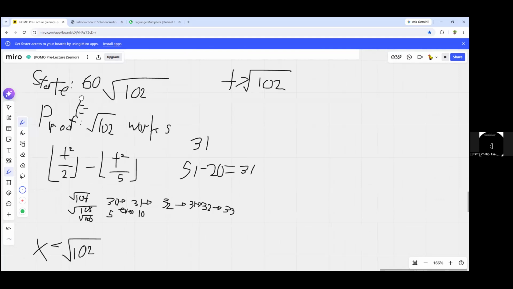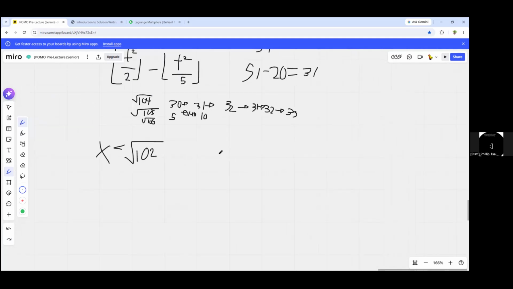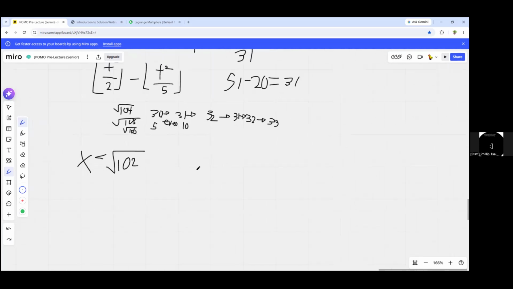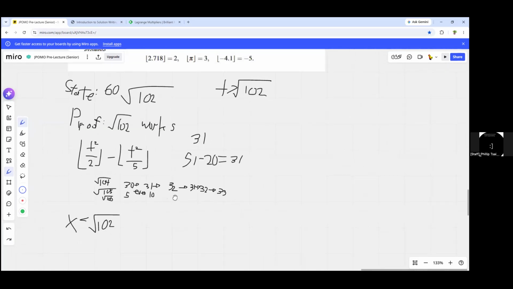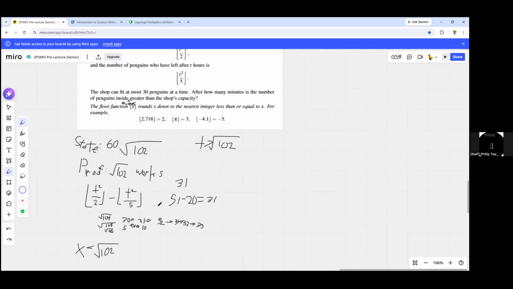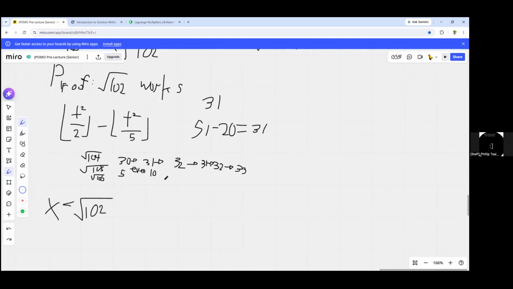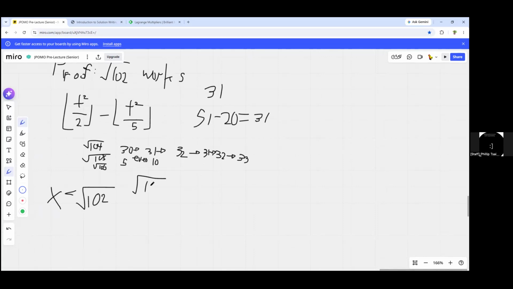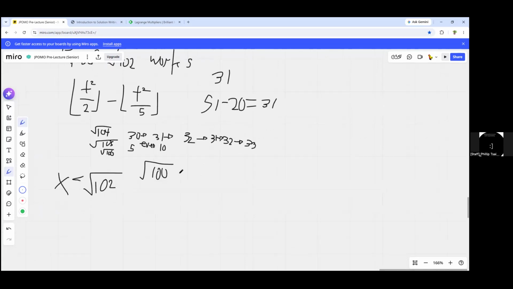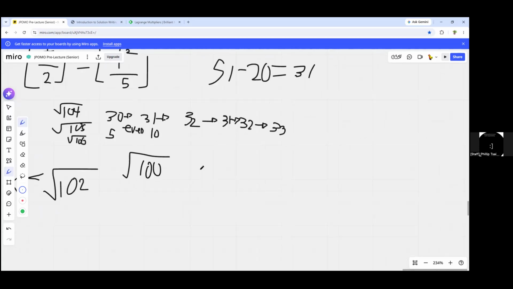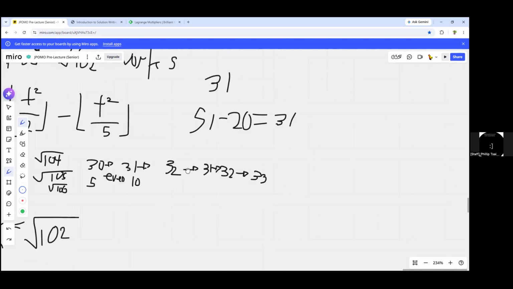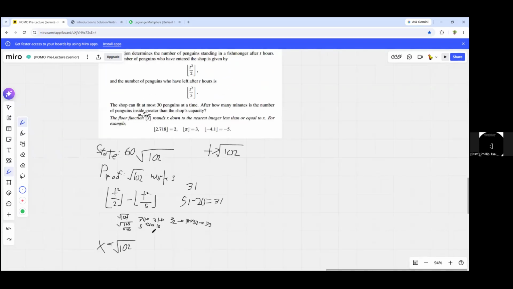Imagine any x less than square root of 102. If you go even just a little bit below square root of 102, you already get something equal to 30.